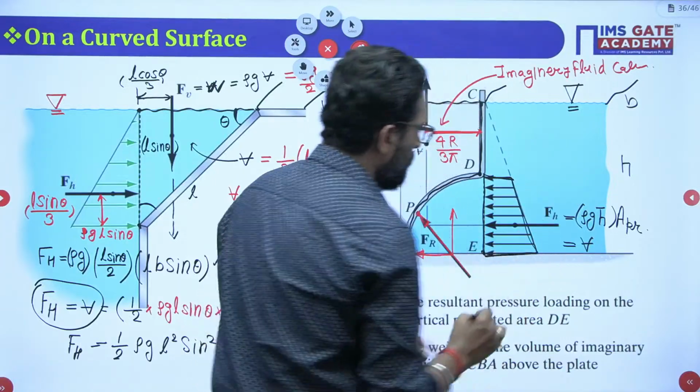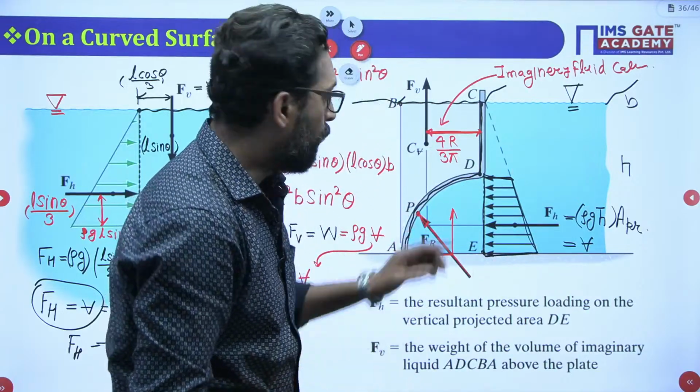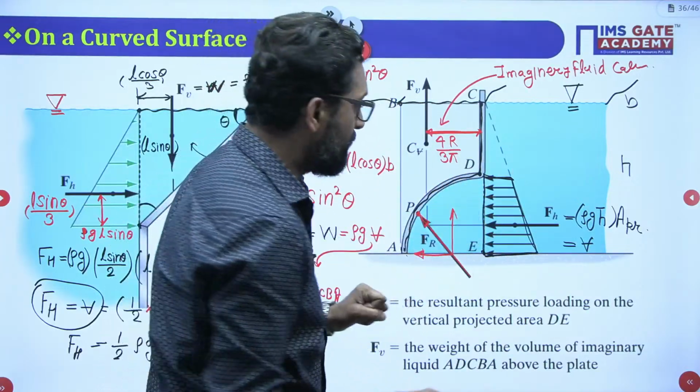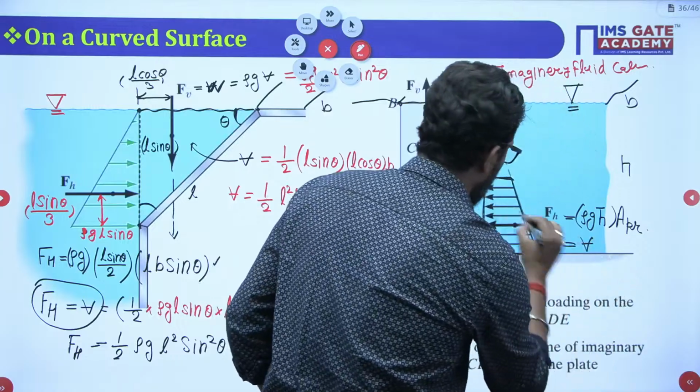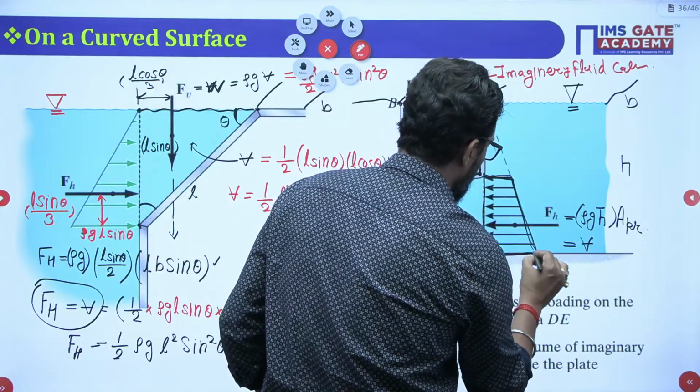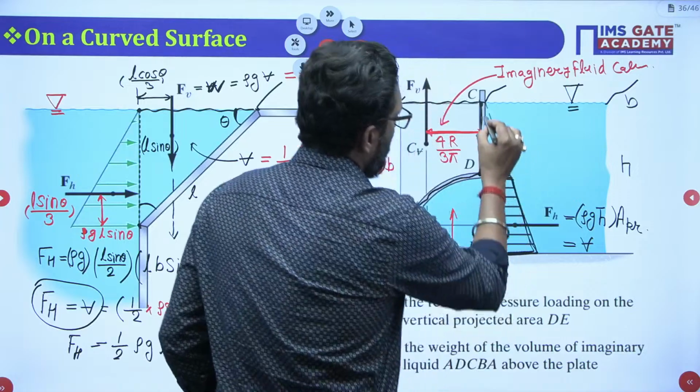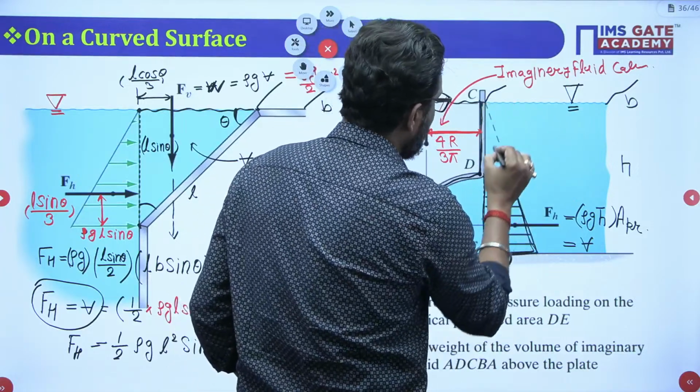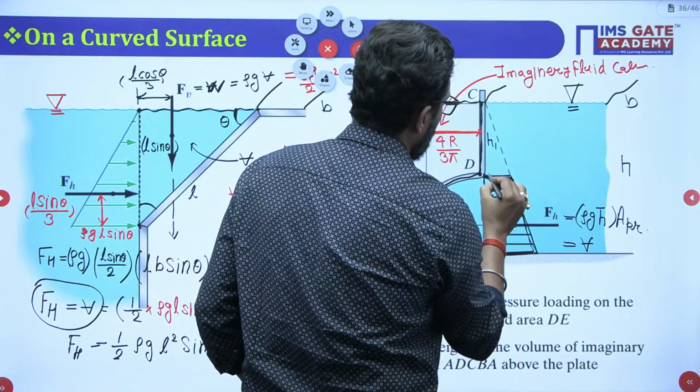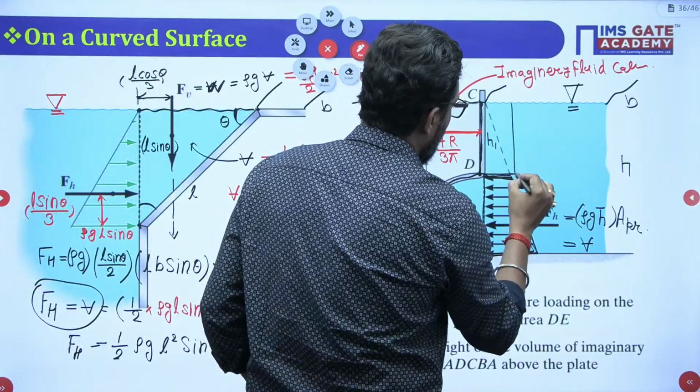Yes or not? What is the volume of this trapezium, beta? Let's suppose this height is given as h1, from this to this height it is h1.